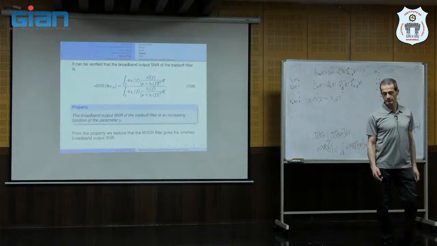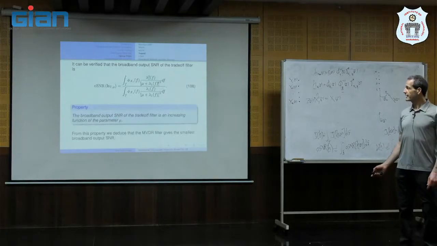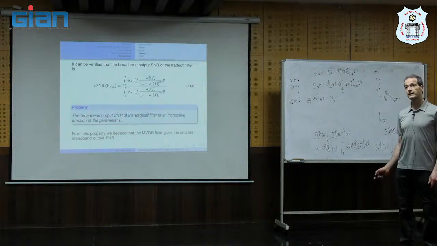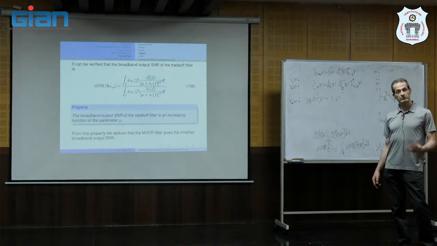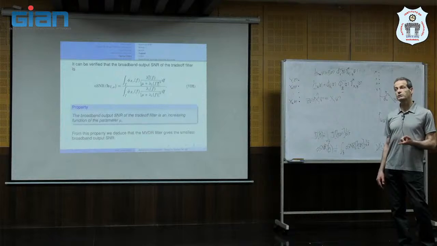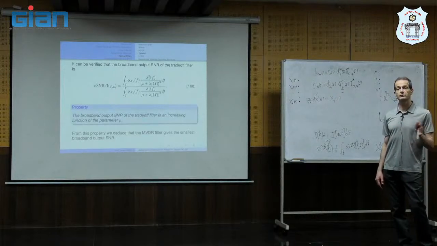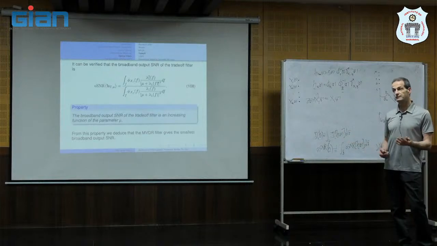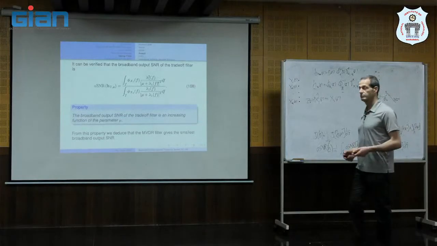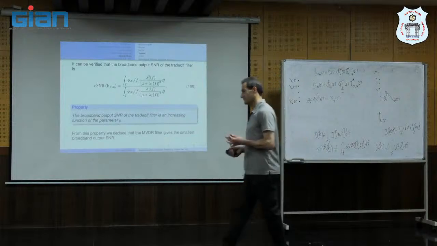Nice to show. And then I can ask you, does it make sense to change mu for each frequency? Maybe I will choose for each frequency a different mu. Depends on what I want to achieve. Okay, so this is a question.